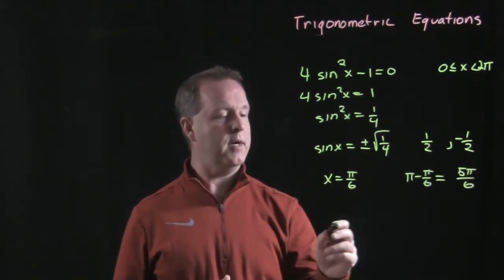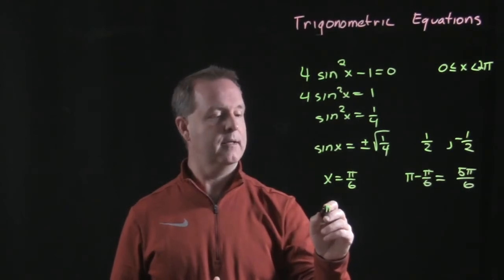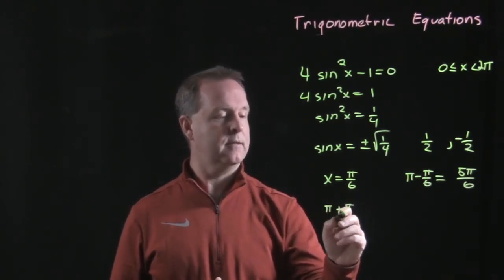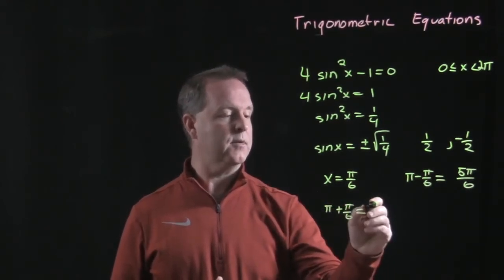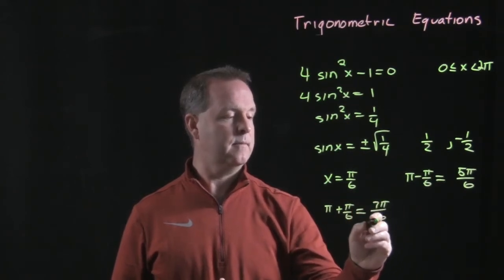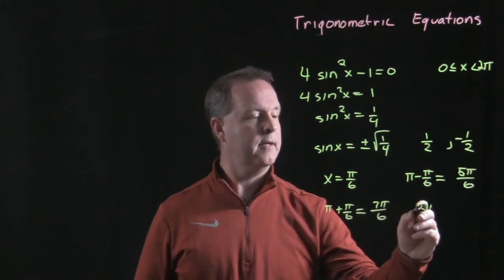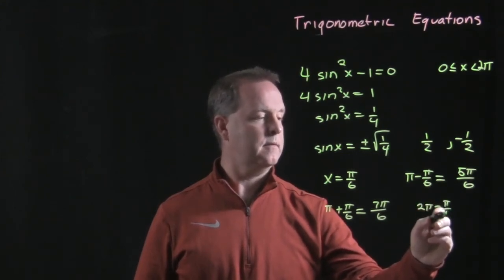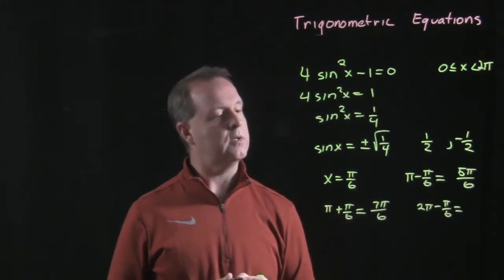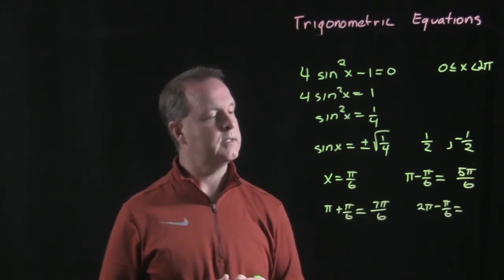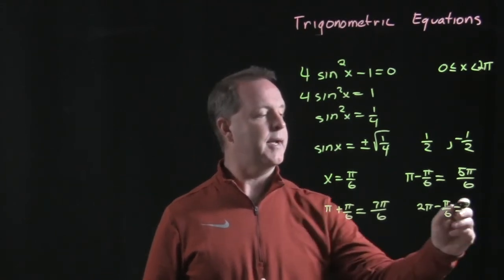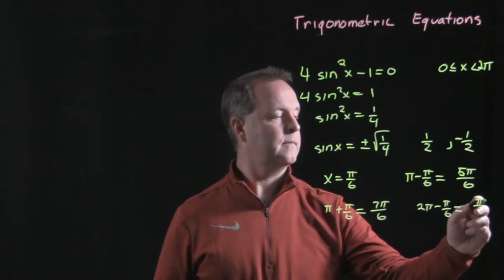So to find the other ones, we would go to pi and add a pi sixth. That would equal 7 pi sixths. And the one in the fourth quadrant, let's go all the way to 2 pi and take away a pi sixth. And that would equal 12 over 6, 11 pi sixths.